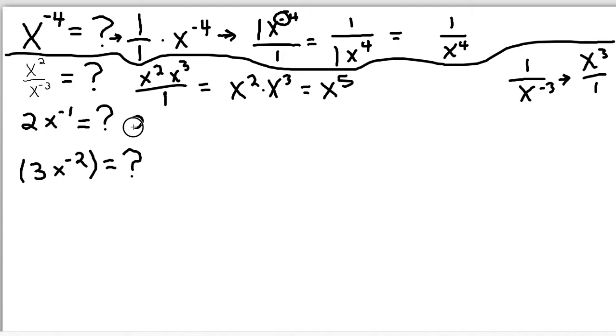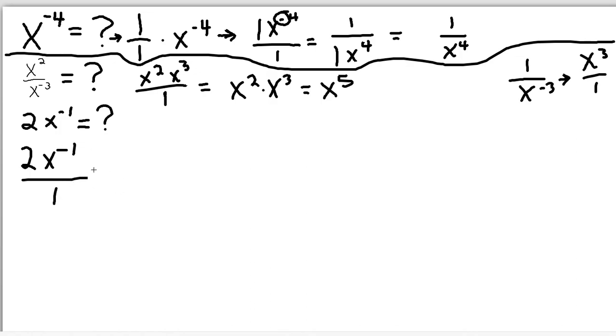We have 2, it's just that everything's getting kind of bottled up here. All right, so 2x to the negative 1. We're going to take that and put that over the 1.